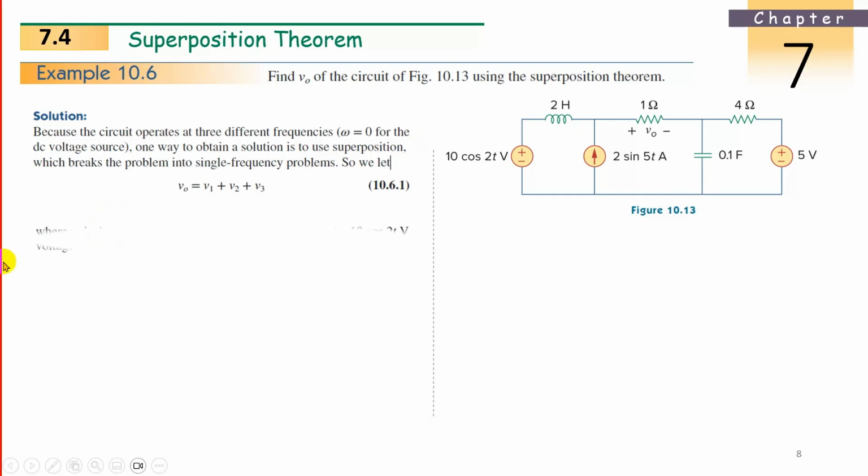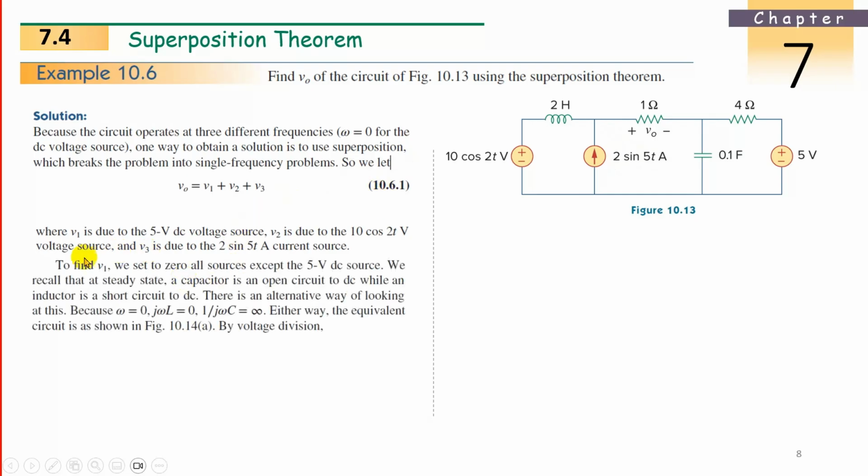So let's go. V1 is due to the 5 volt DC voltage source, V2 is due to the 10 cos 2t volts AC source, and V3 is due to the 2 sin 5t ampere current source. These are what we assume. Now let's start with V1. V1 means only the 5 volt voltage source is there and the remaining are off.